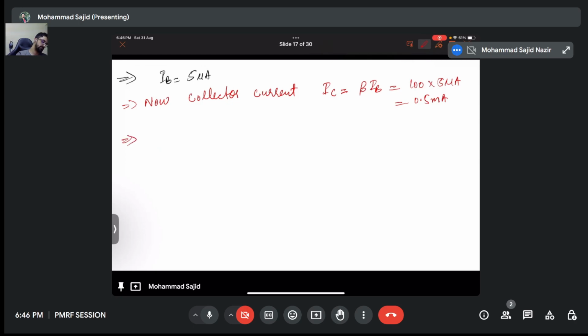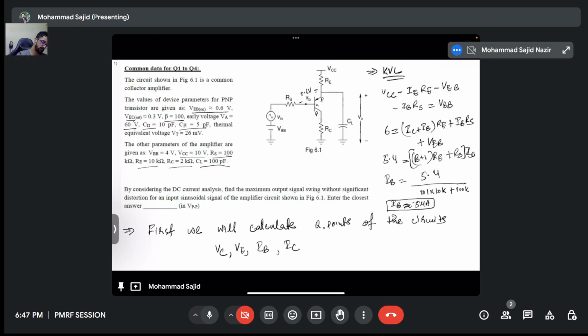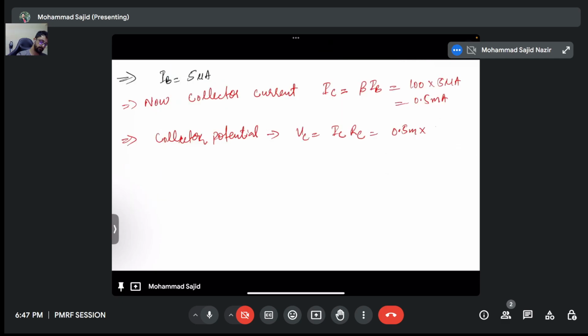So it will be used to calculate the collector potential, IC times RC, with RC being 2 kilo ohm. That is 1 volt.